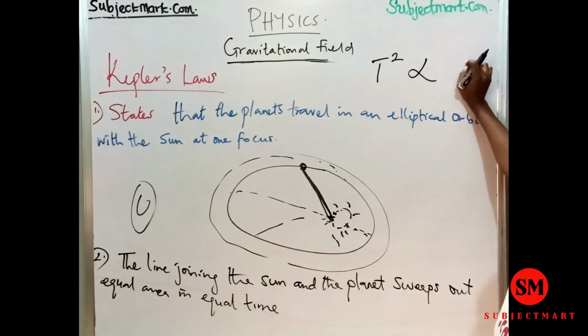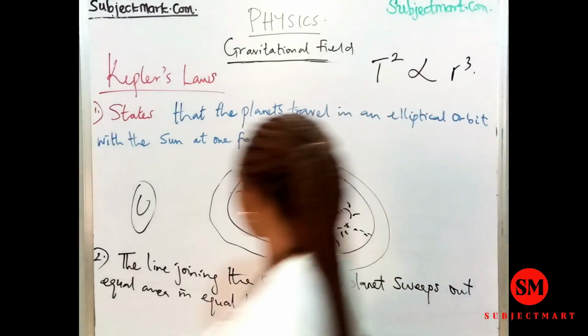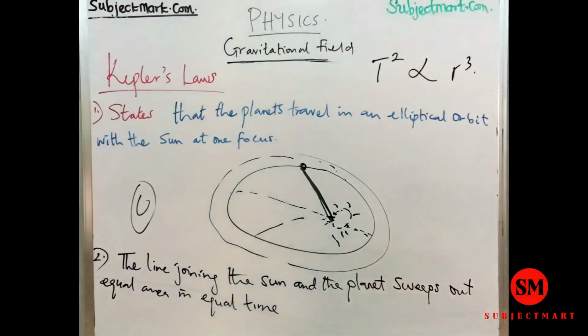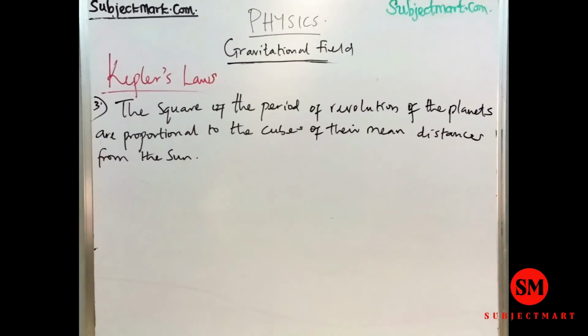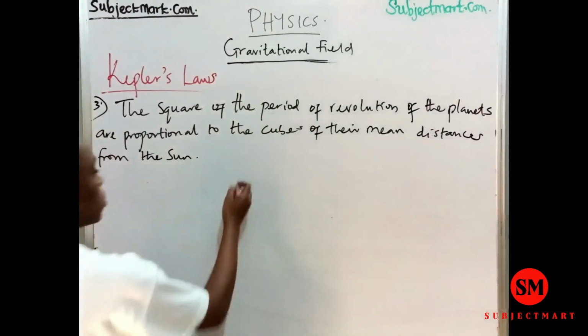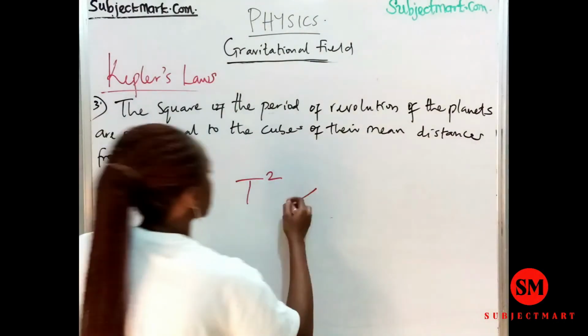I don't know if you understand that. The third law states that the square of the period of revolution of the planet is proportional to the cube of the mean distances from the sun.